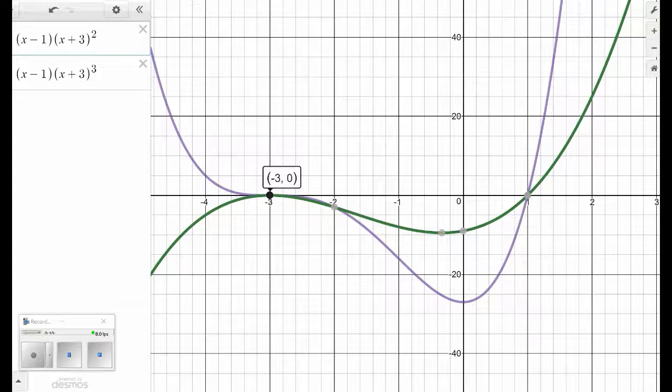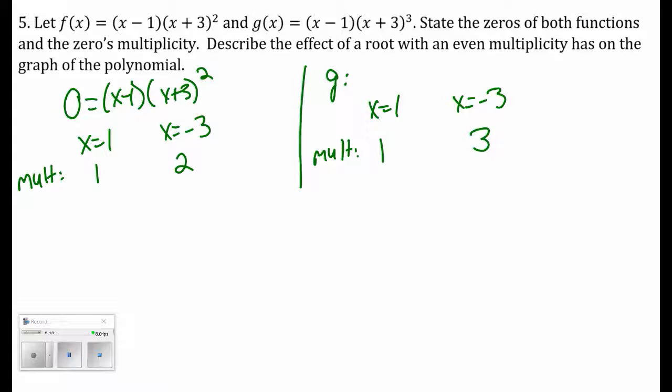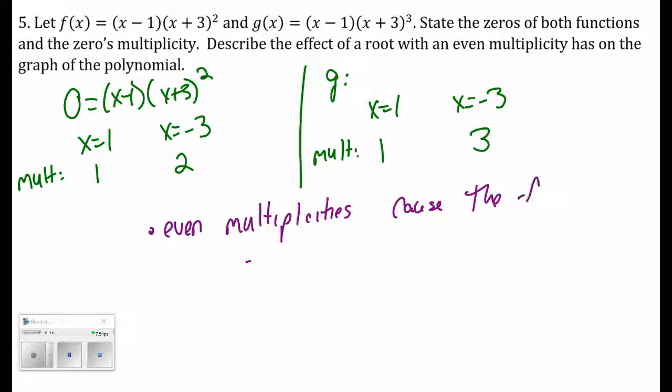So the key thing that we want to summarize from this question is even multiplicities cause the function to hit the 0, to touch the x-axis. It's tangent to the x-axis, but then it turns around.